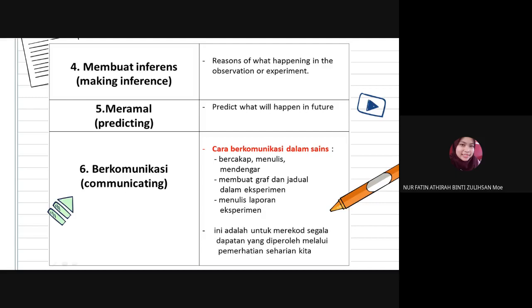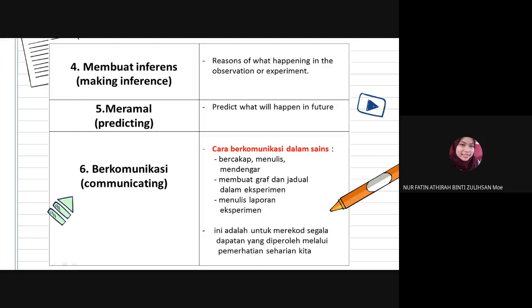Number 5, predicting. I'm sure some of you might know the meaning of predicting. For those who still do not know, predicting means you figure out what will happen in the future.